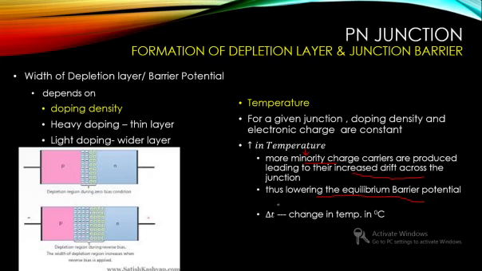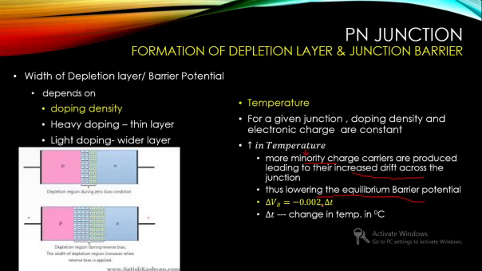Depending upon the change in temperature, we can express it in terms of degrees, and you will get delta V_B equal to negative, because the barrier potential decreases with increase in temperature. That is why a negative sign is given.